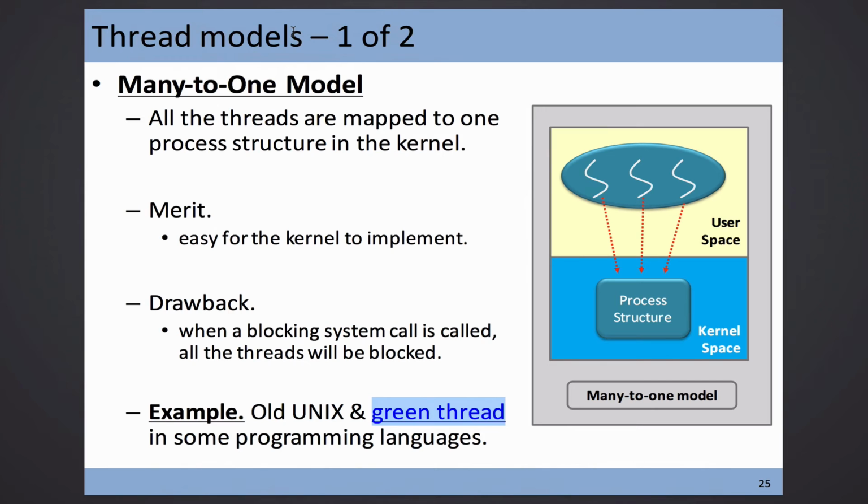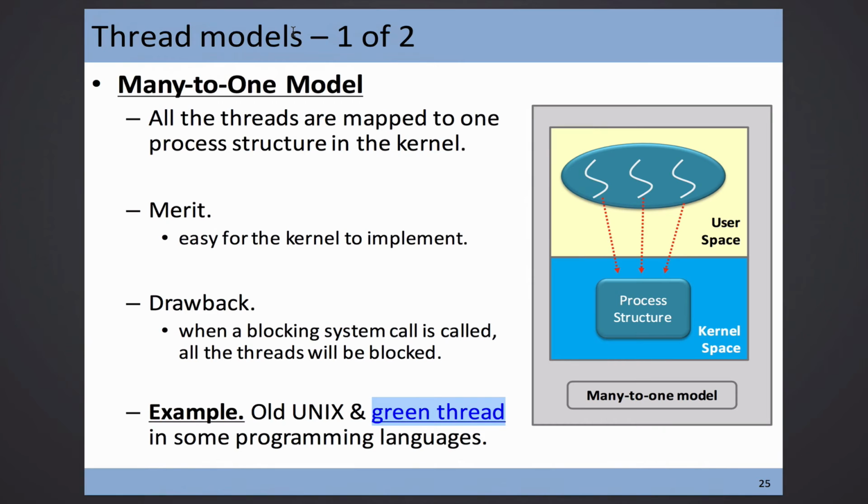But actually, it is emulated inside user space. Kernel doesn't know about it, and you will only receive one scheduling chance, and within that scheduling chance, you have to serve 3 threads.